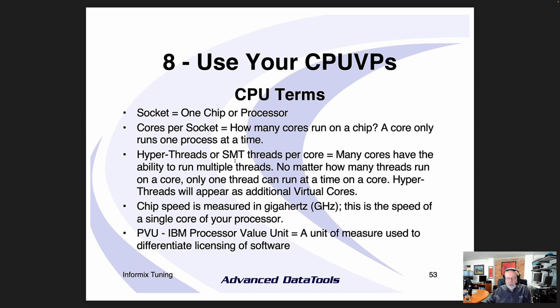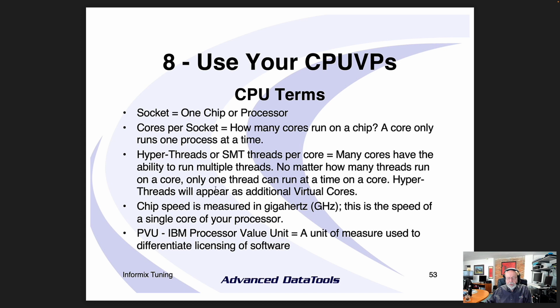What they do is a hyperthread core wakes up when the primary core is blocked, and it will run. So it gives the appearance of having more cores, but it doesn't really. Particularly if you have something like an Informix server, which is very efficient at just keeping a core busy.